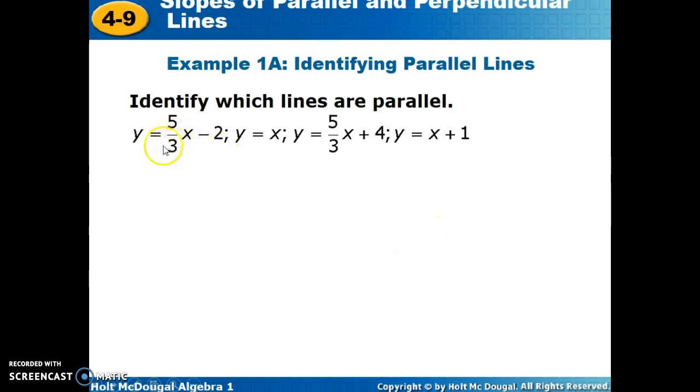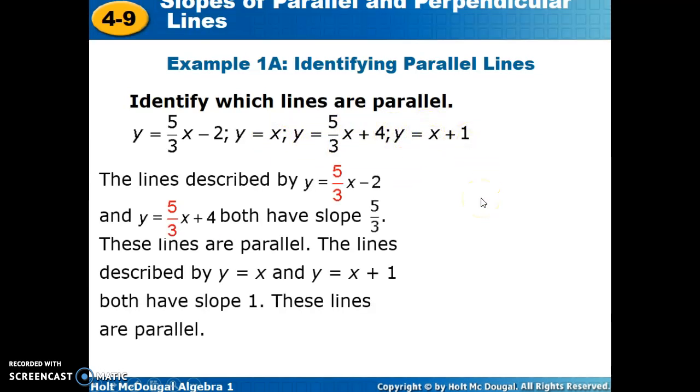So we're going to be comparing slopes. Let's look at the first one. y equals 5/3 x minus 2, y equals 1x, y equals 5/3 x plus 4, and y equals 1x plus 1. The lines described by this equation and this one: notice they have different y-intercepts, but their slopes are the same.